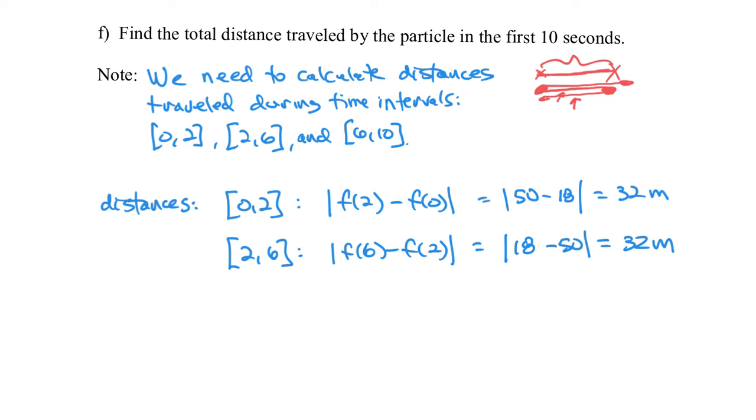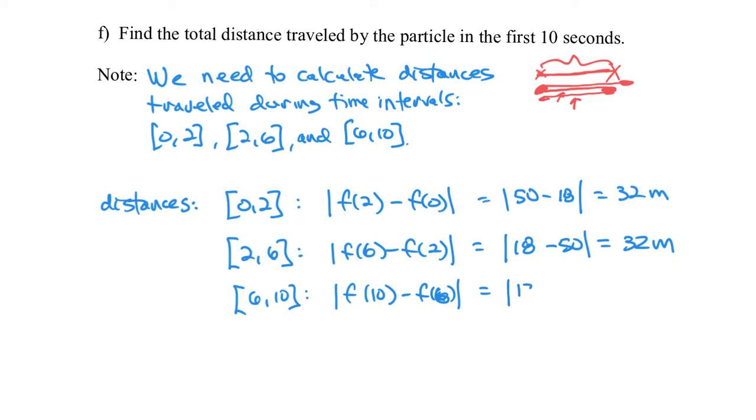Now we know at 6 seconds it stops moving again. So let's figure out the distance between 6 seconds and 10 seconds. That's going to be the position function at 10 seconds minus the position function at 6 seconds. If you plug 10 into our original position function, you get 178.